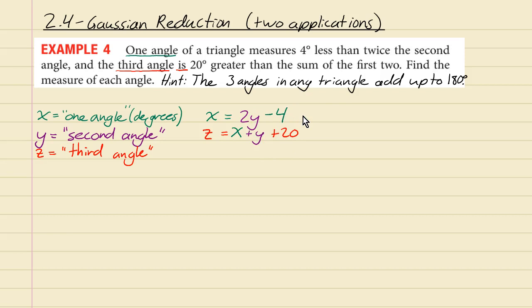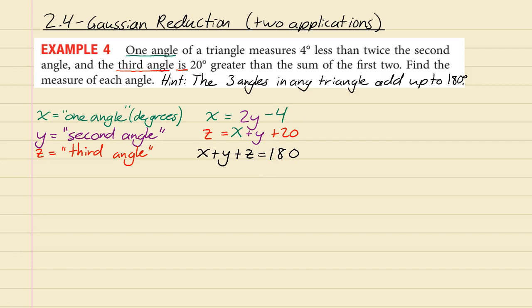So that gives us two equations with these variables. We still need three equations, so that's where this handy hint comes in. They always add up to 180 degrees, so we can write x plus y plus z equals 180.